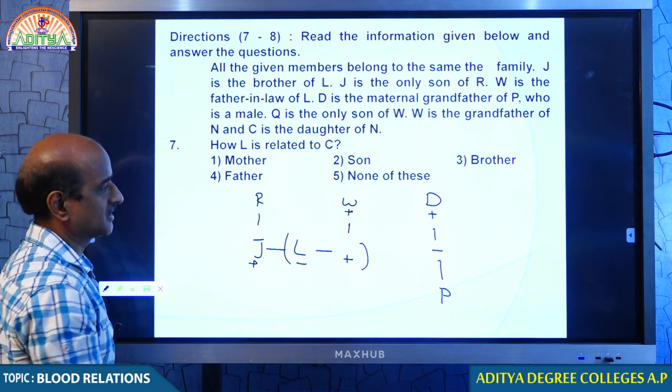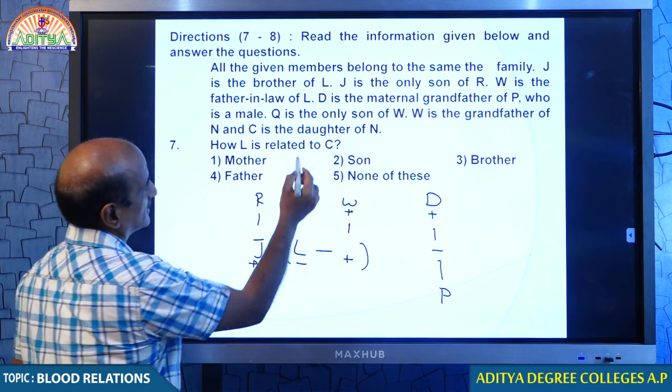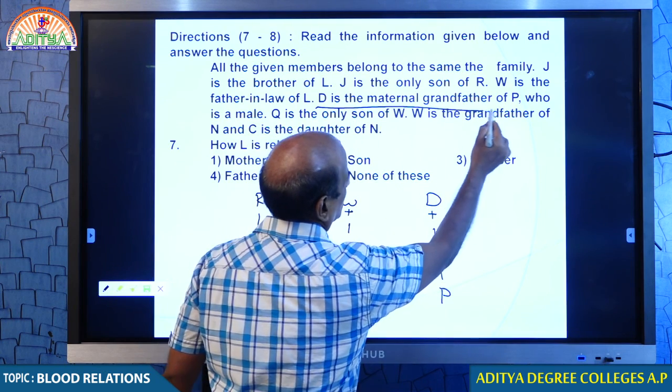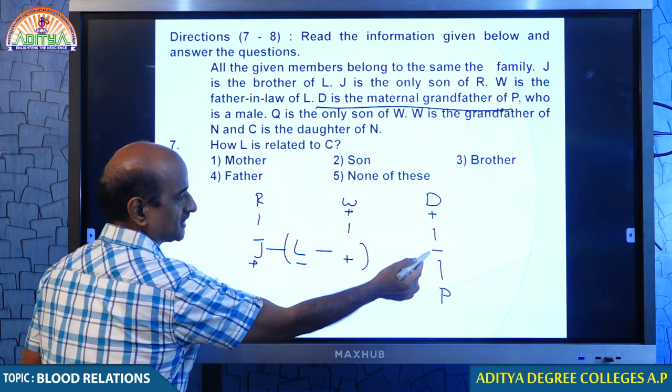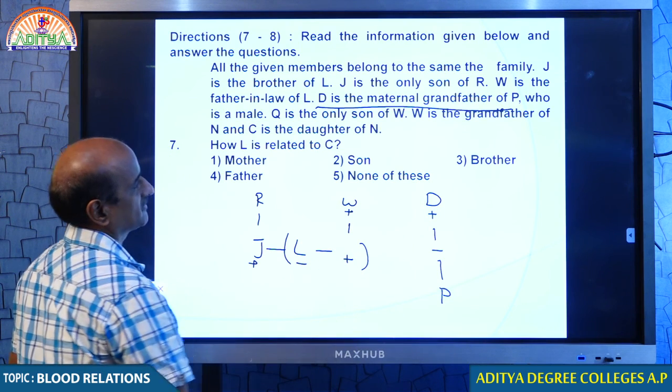I will be waiting for some time. Means P must be having a mother and D must be father of the mother.